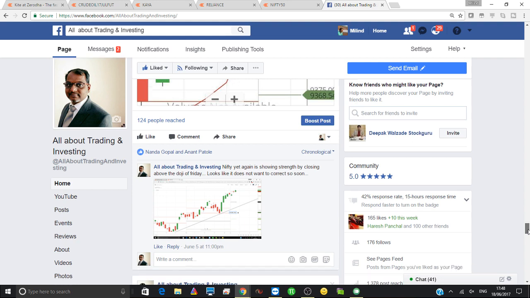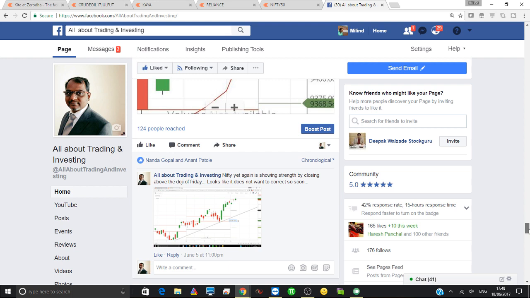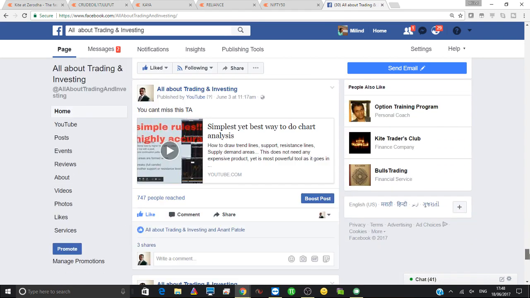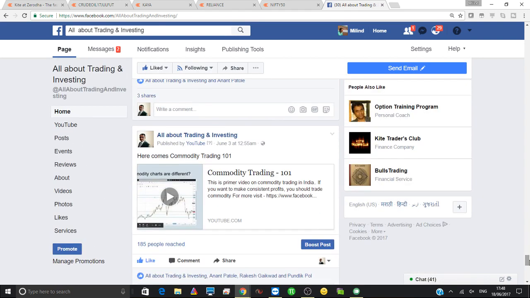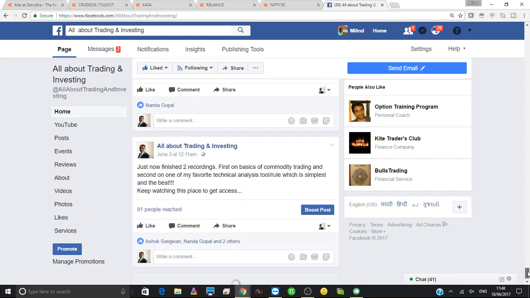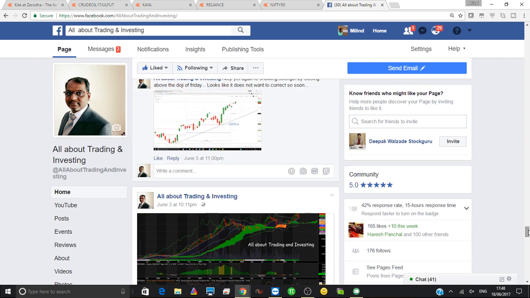When was this? 5th June. Okay. Nifty is yet again showing strength. So this was the 5th June. 2nd June. Where did it go? I lost that. Sorry for taking a little while.